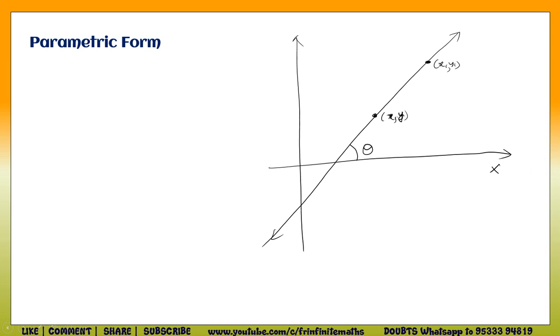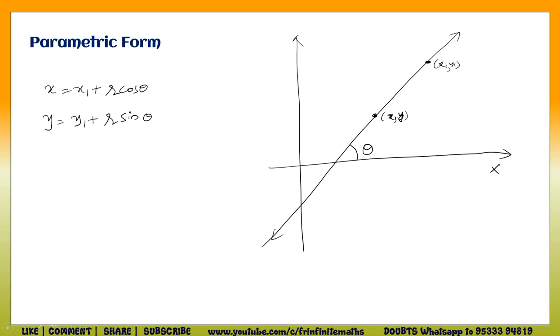Here a point (x1, y1) is the point through which my given line is passing, and it is making an angle of inclination theta with the positive direction of the x-axis. Then this particular line equation is given by x = x1 + r cos theta, y = y1 + r sin theta.